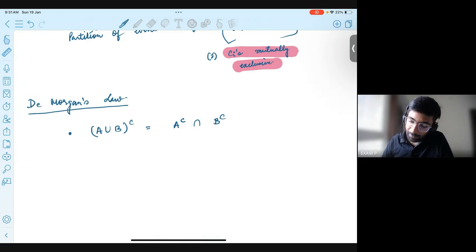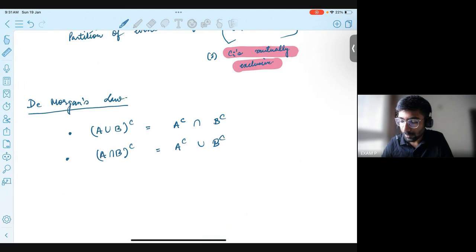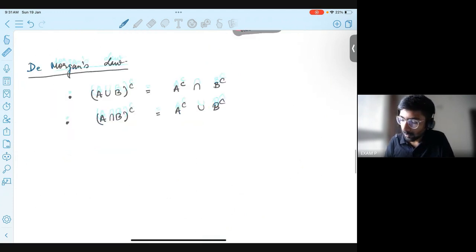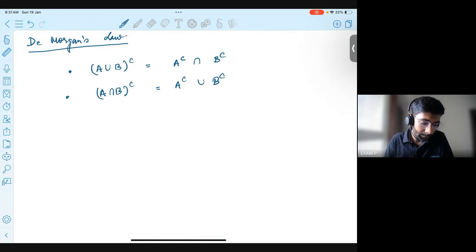And then another part of it is when you have the complement of the intersection of 2 events A and B, then it can be written as A complement union B complement. Whenever you open this complement within the brackets, then the union turns into an intersection and the intersection turns into a union sign. Is that okay?